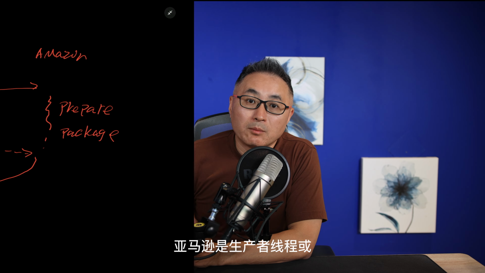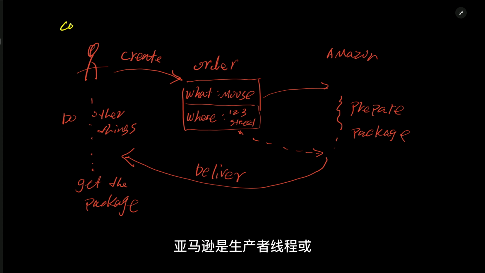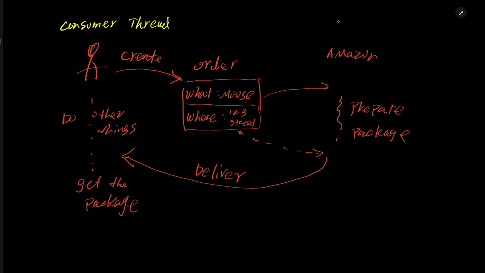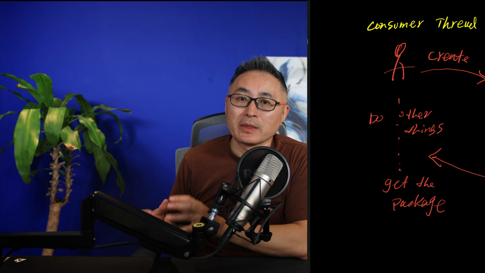There are a few key things happening in this process that mirror the key concepts of the future design pattern. Number 1, you are the calling thread or the consumer thread in the design pattern language, and Amazon is the producer thread or the thread that provides the service.